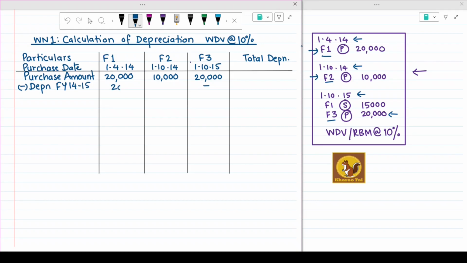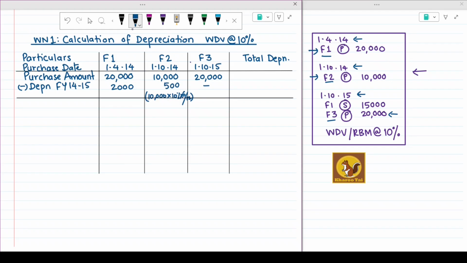So that is 2,000. But the second furniture was purchased in between the year on 1st October. So October, November, December, Jan, Feb, March, for 6 months we will have to calculate the depreciation. So the working will be 10,000 into 10% into 6 divided by 12. So 10,000 into 10% is 1,000, and half of 1,000 will be 500.